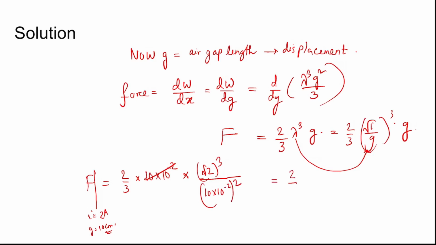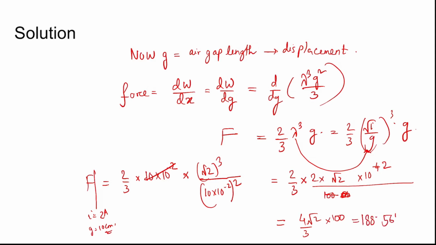Then we are getting 2 by 3 into 2 root 2 divided by 100 into 10 to the power minus 4, so it comes out to be into 10 to the power 4, which is 10 square. So 4 root 2 by 3 into 100 comes out to be around 188.5618 Newton.